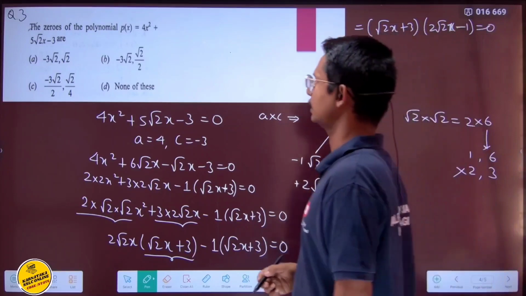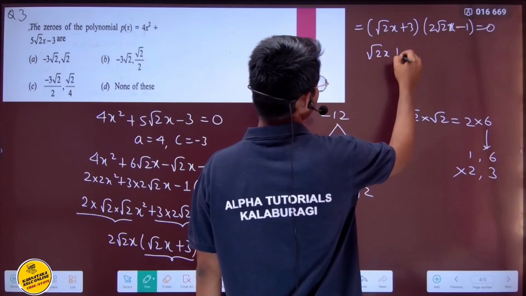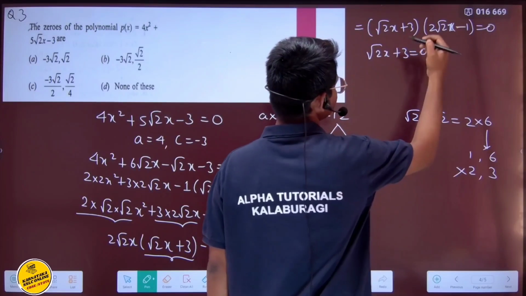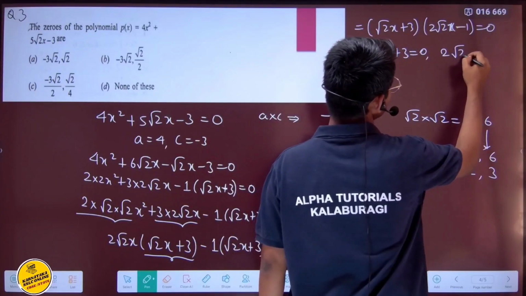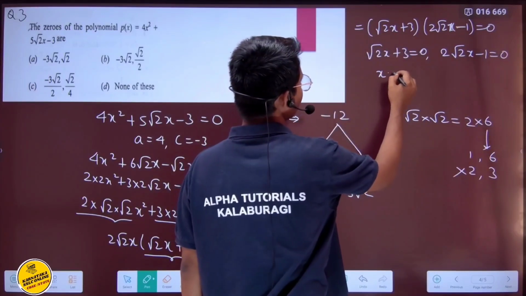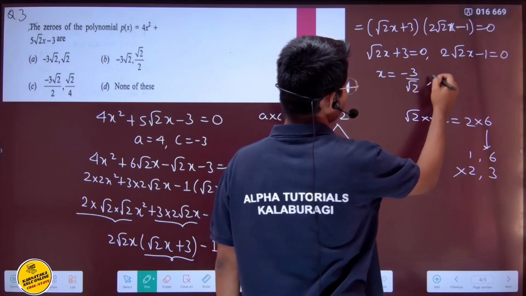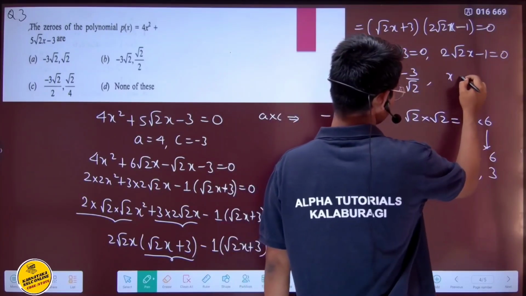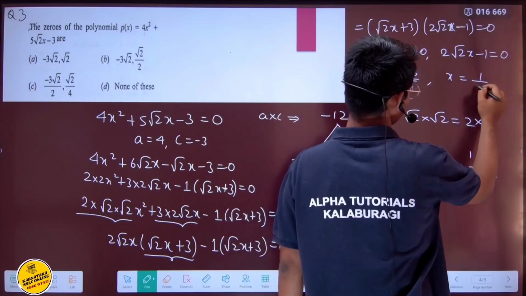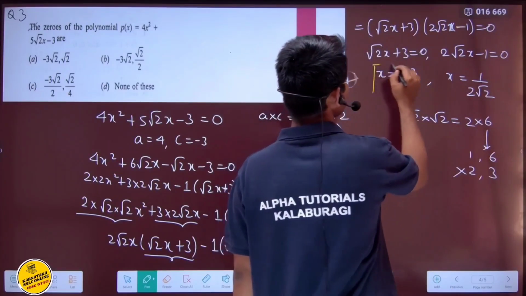So you can equate each factor to 0. Now x equal to plus 3 on the other side, minus 3 by root 2, and here x equal to minus 1 on the other side, plus 1 by 2 root 2. So these are the two zeros.